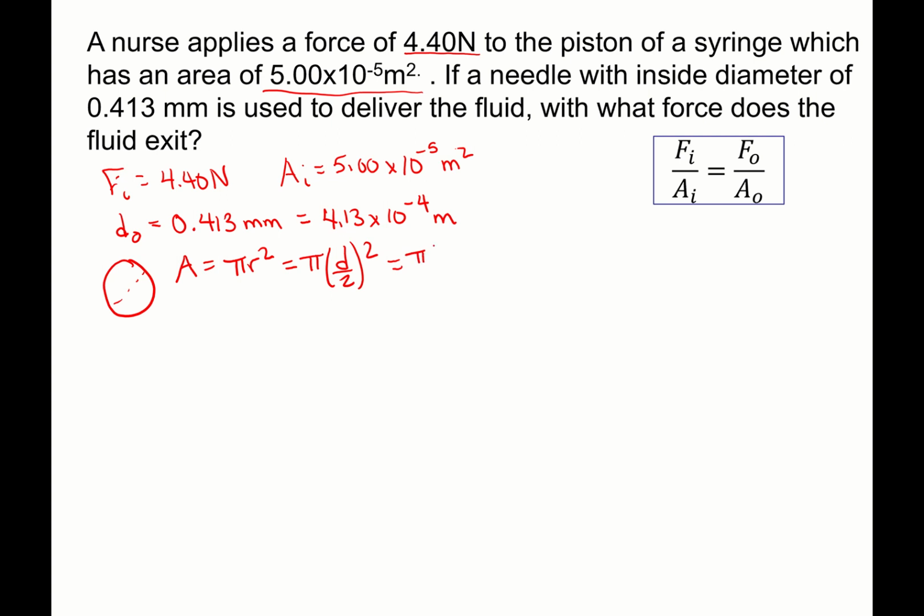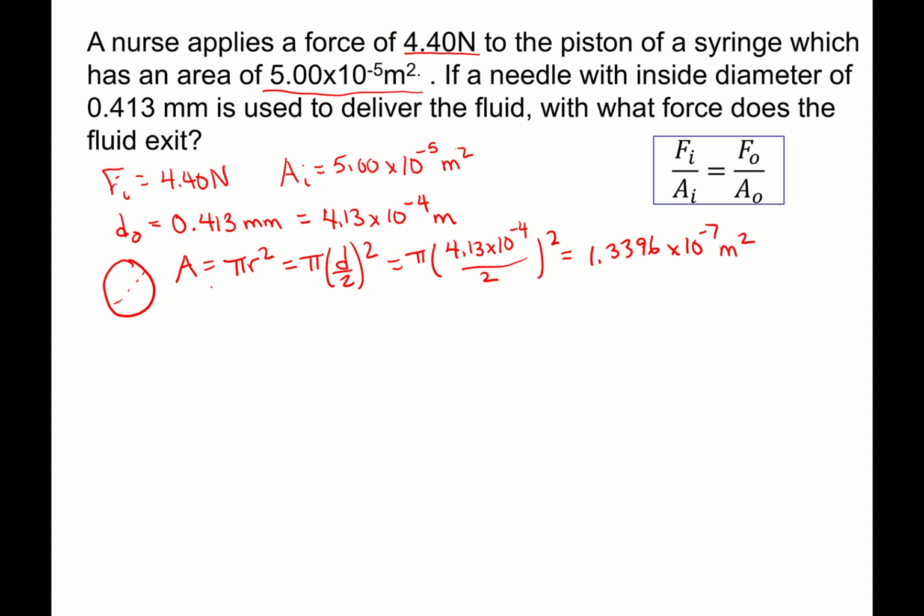All right, so I can sub in my diameter, 4.13 times 10 to the minus 4 over 2 squared, and I get a very small area, 1.3396 times 10 to the minus 7 meters squared. And I'm not going to round this off at this time.